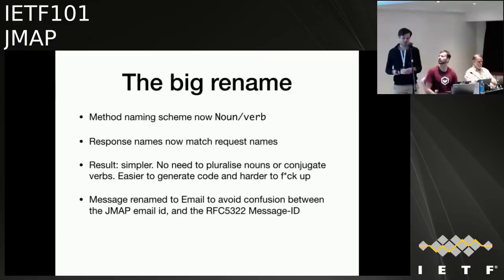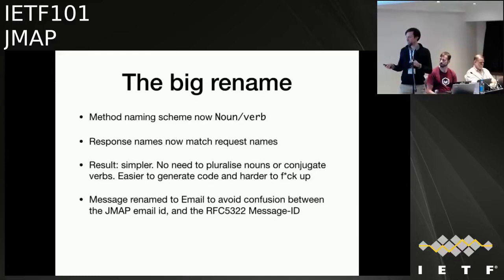So, big changes since before. One was just the big rename, where we renamed all the method names and simplified things. So the response names now match the request names, and you don't need to pluralize anything. Everything's singular, and you don't need to conjugate anything. So it makes it much easier, especially if you're not a native English speaker, to add new methods and not get confused with what's going on.